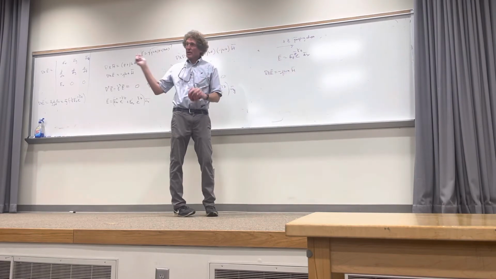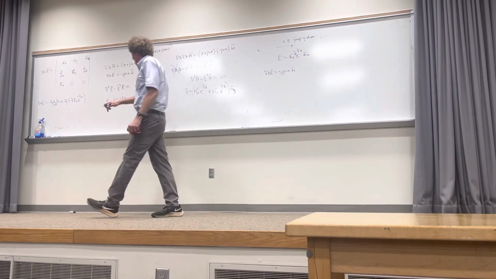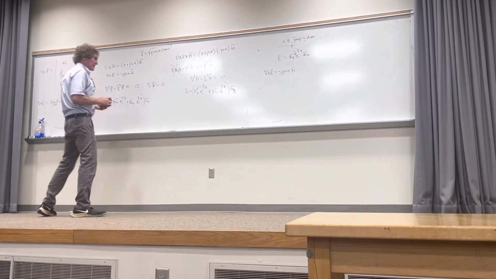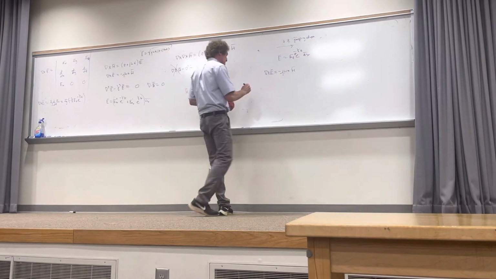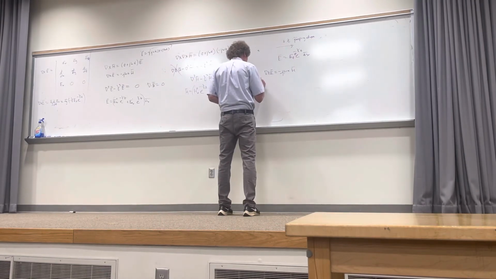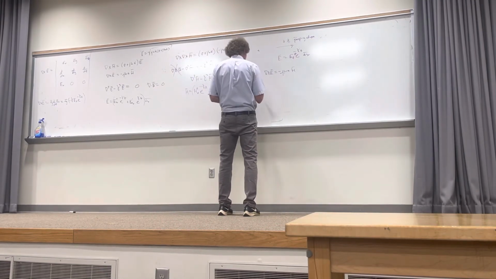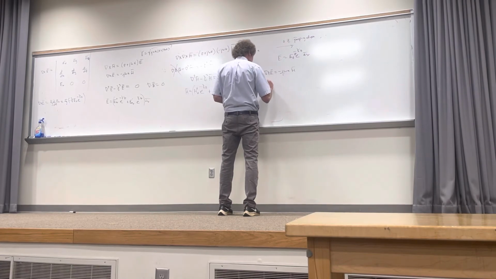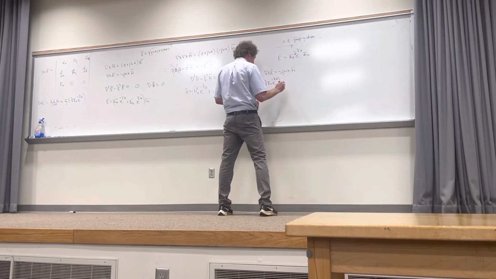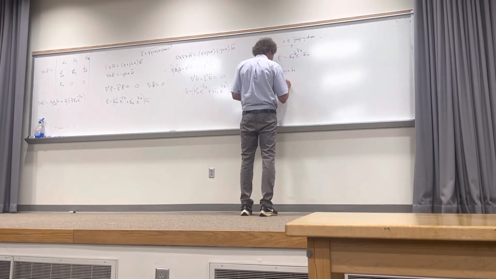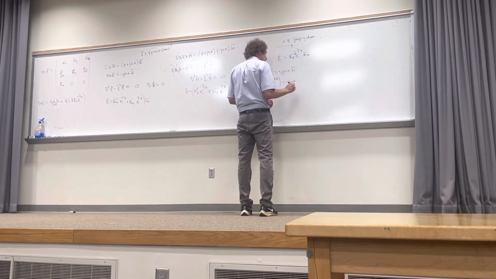I've got curl E right there, don't I? It's in the a_y direction, and it's got minus gamma E0 e to the minus gamma z. That's equal to minus j omega mu times H.